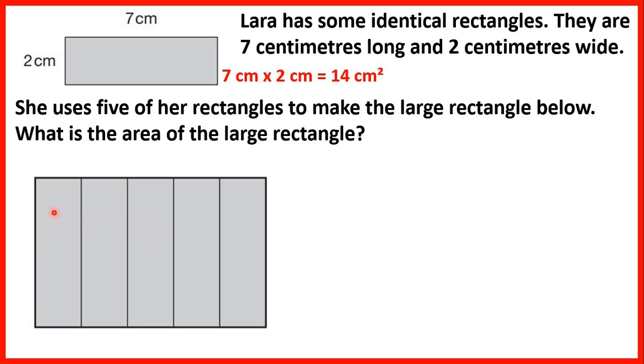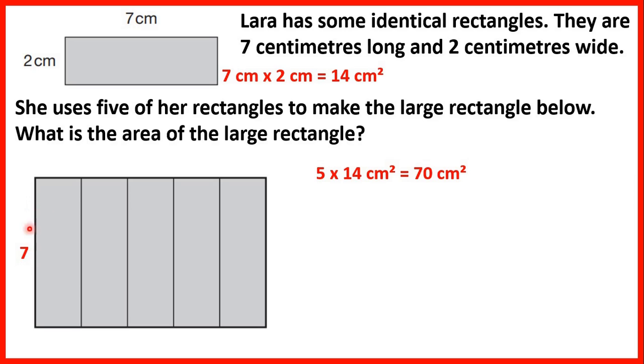So because this large rectangle is made up of 5 of these, we can multiply 5 by 14 centimetres squared, and 5 times 14 is 70. So the area is 70 centimetres squared. Or we could write what we know onto our diagram.